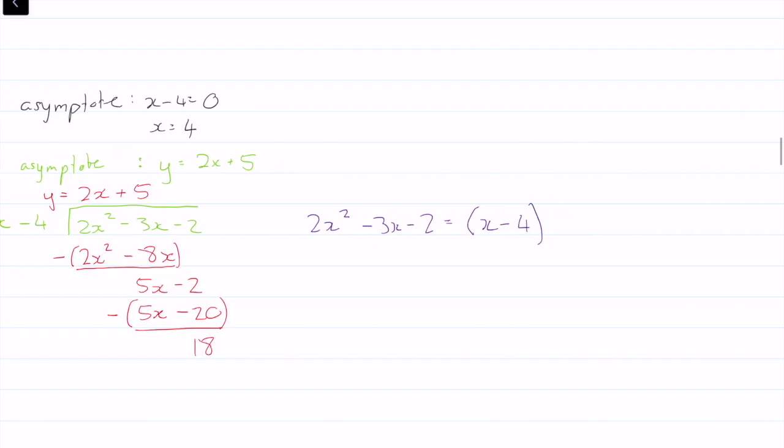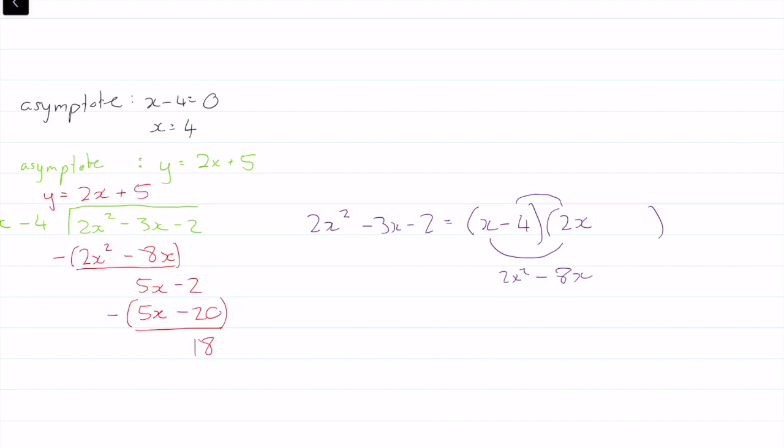What do I need to multiply x minus 4 by to get the equation to look correct? I obviously need a 2x. If I have a 2x, then I'm left with 2x squared, which is what I want, and this is going to bring about a minus 8x. So I need to get a minus 3x.